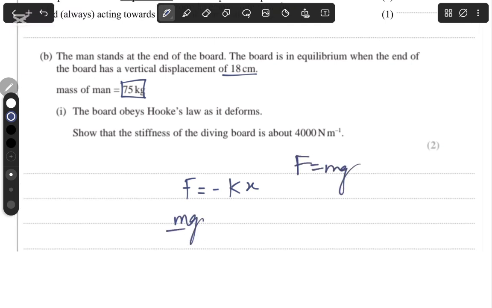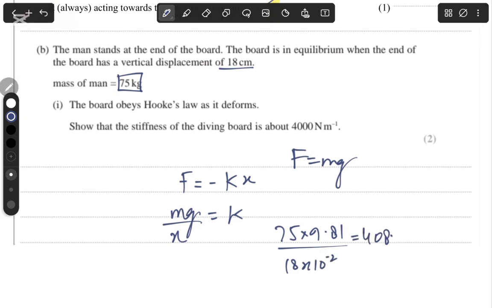So mg divided by x is equal to k. That's going to be 75 times 9.81 divided by 18 times 10 to the power of minus 2. That's going to give me 4088 newtons per meter. Okay, remember this is the restoring force, which is just equal to the force that's exerted, mg.